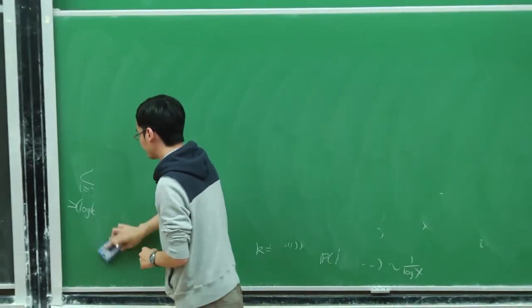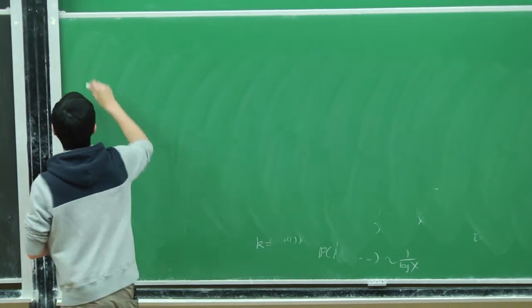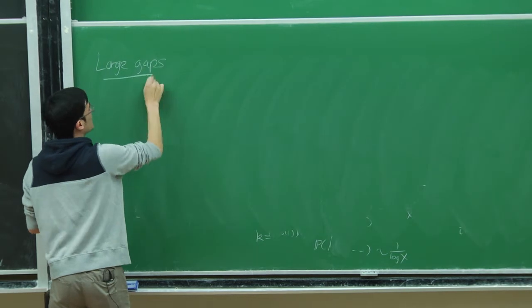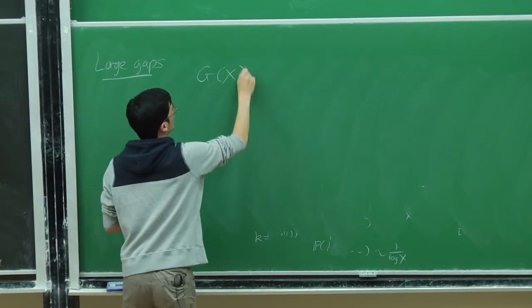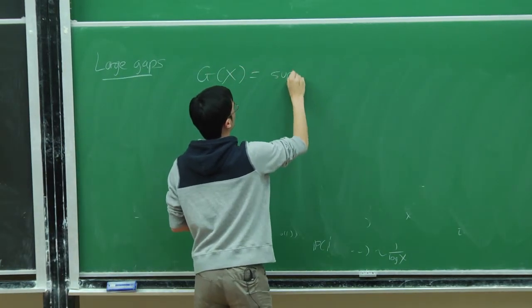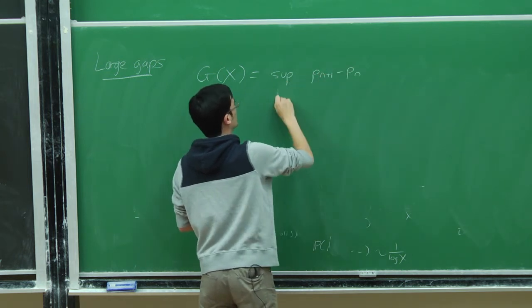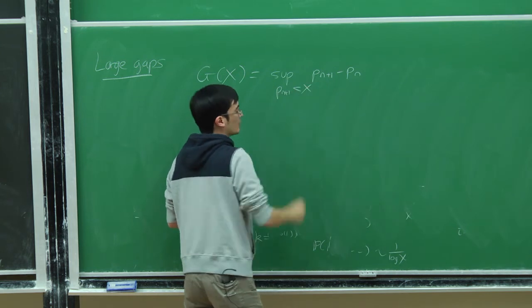But I'm going to move on now to large gaps between primes. Remember we have this quantity g of x, which is the largest gap between primes from 1 to x.